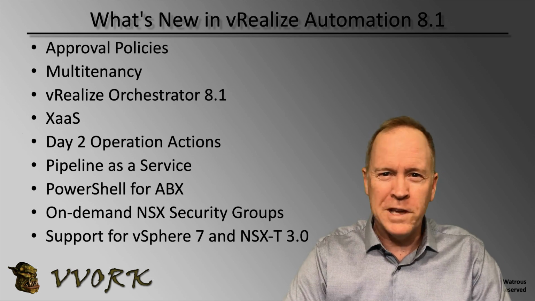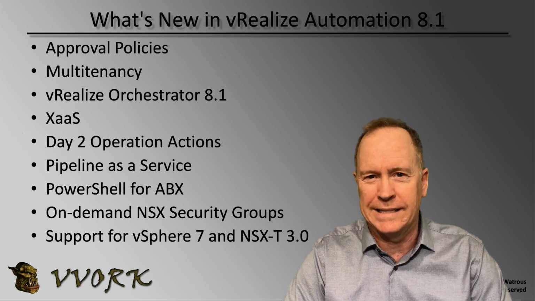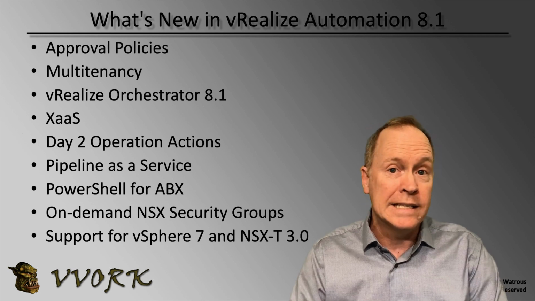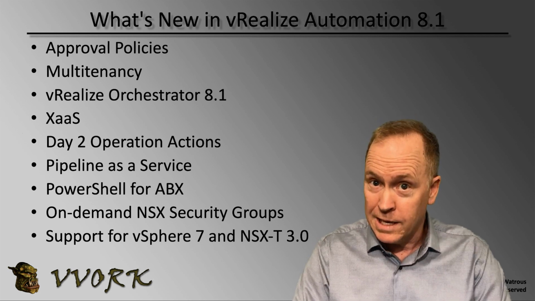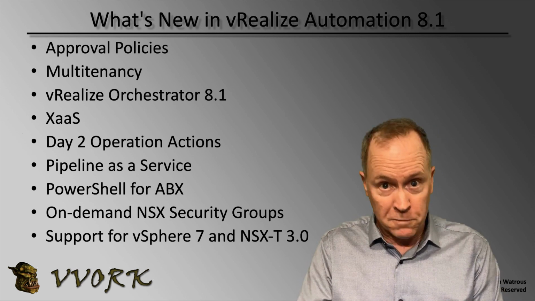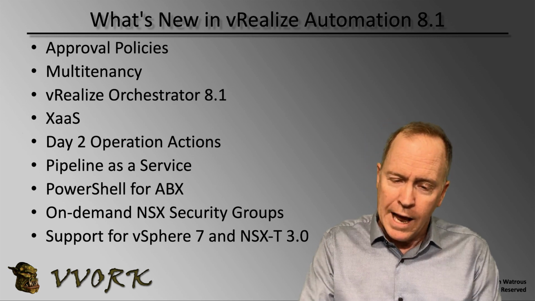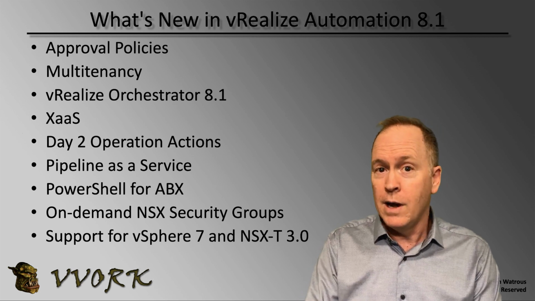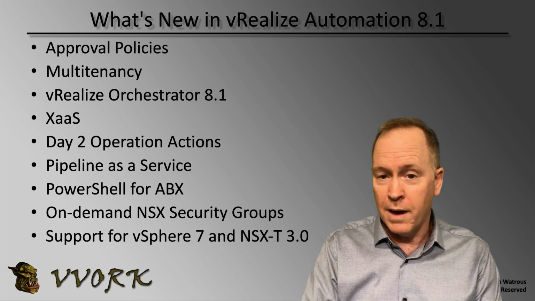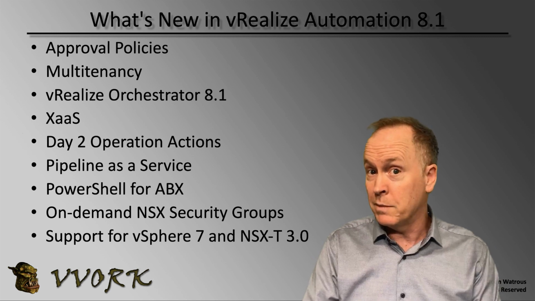Our next new vRA 8.1 feature is PowerShell for ABX. ABX, Actions-Based Extensibility, is a feature that has existed within vRealize Automation 8 since vRA 8.0. But in earlier versions, before 8.1, the ABX functionality that we provide allows you to write code in either Python or Node.js and have that code be invoked when various events are occurring within vRealize Automation, such as when a machine's being deployed.